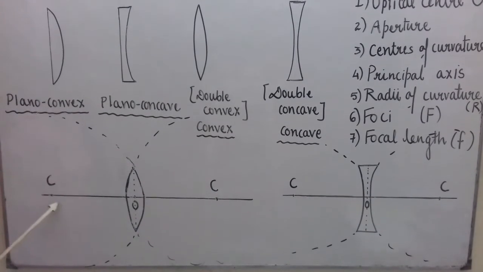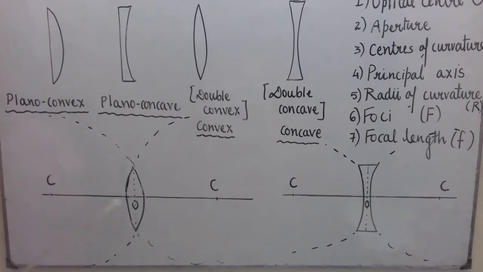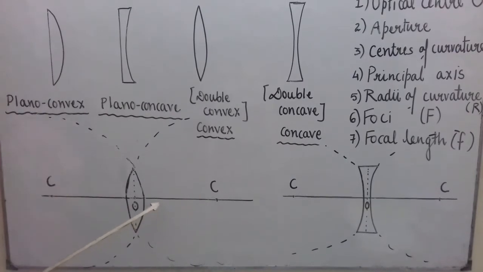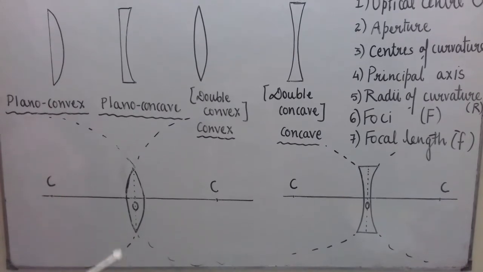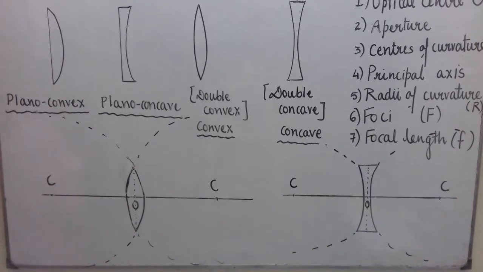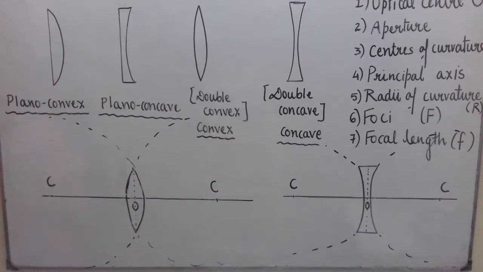But we are considering both radii to have equal values. So instead of saying the lens has radii of curvature, let us say 5 meter, we'll say the radius of curvature of a lens is 5 meter, which means both the radii are each equal to 5 meters.